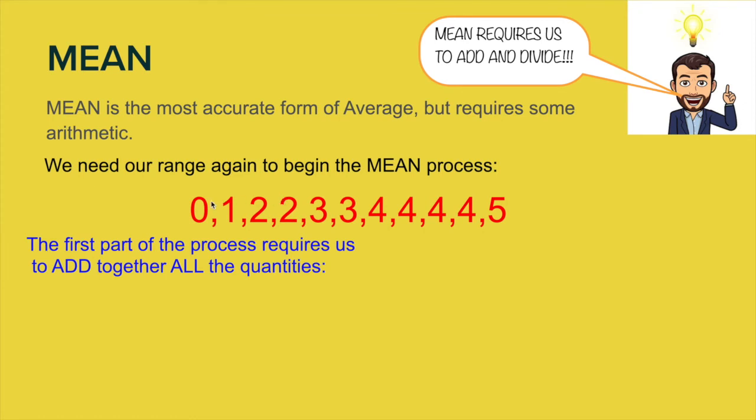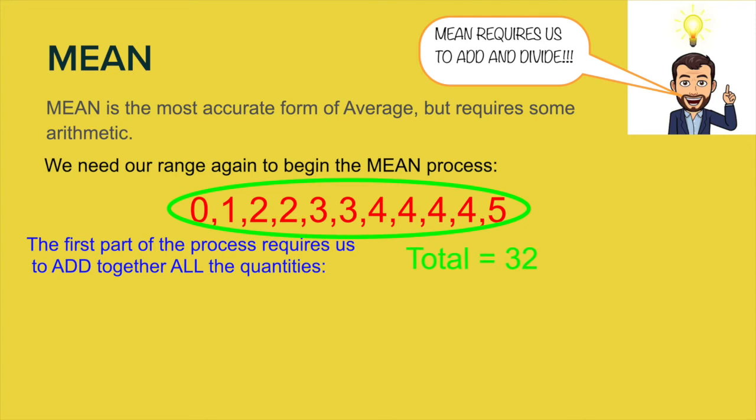That means adding all of them. Even if 2s repeat, you need to add every single one. So obviously 0 doesn't count. So 1 plus 2 is 3, plus 2 is 5, plus 3 is 8, and so on and so on. So you add all of those numbers together, and in this data, it totals 32.